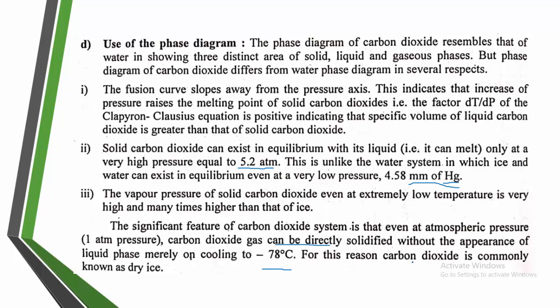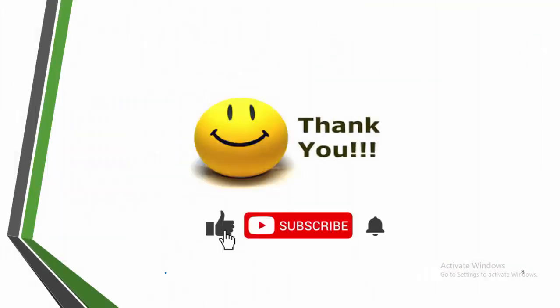That's why this form of carbon dioxide is commonly known as dry ice. At 1 atmospheric pressure and minus 78 degrees Celsius, it appears as a solid, that is dry ice, which is carbon dioxide. Okay, I hope we all understand the concepts of the phase diagram of the carbon dioxide system.